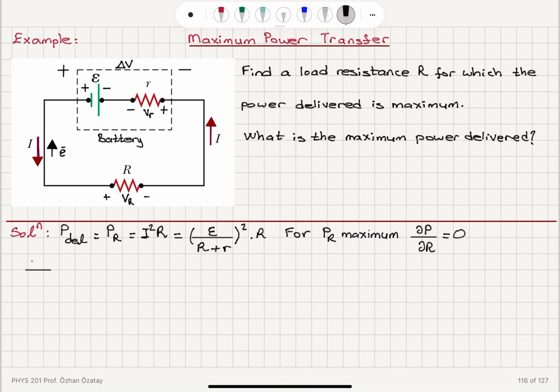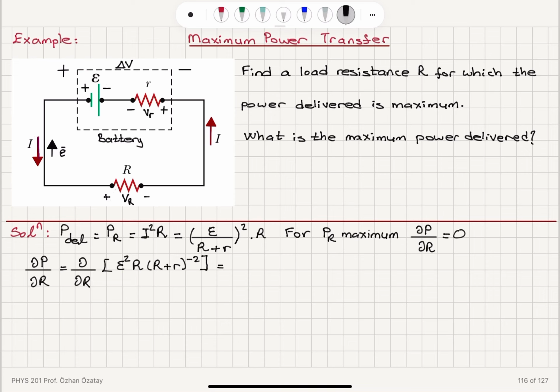All right, so we have del P del R, the partial derivative with respect to load resistance R of epsilon squared R times (R plus internal resistance r) to the power minus 2. So we're ready to take the derivative with respect to capital R.